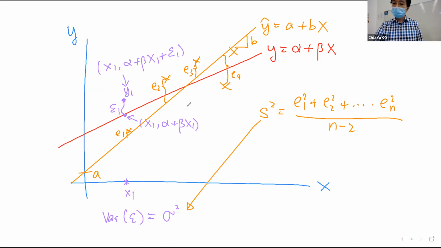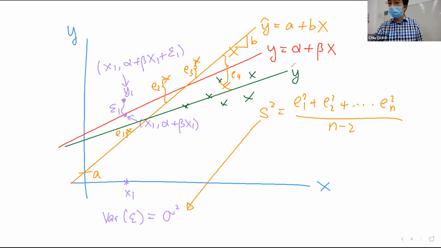Maybe the data is like this, and you end up with this line, which gives you another A prime, B prime X. So what you want to do next is test whether alpha is different from 0, or beta is different from 0. I hope that is clear.